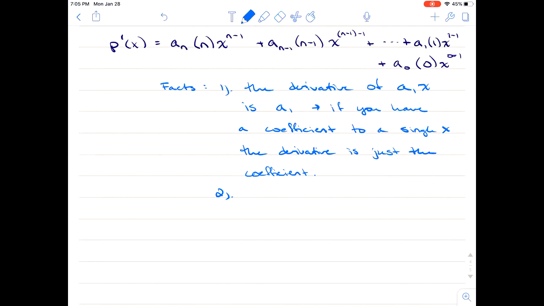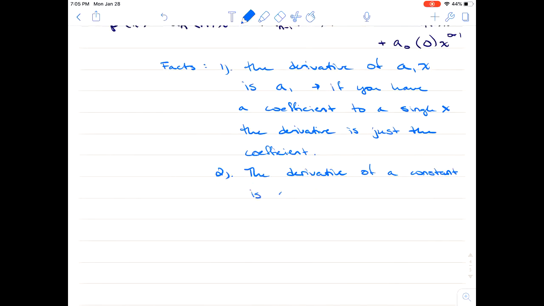And the derivative is telling you the rate of change at each value. There's no change for a constant. And so the derivative of a constant is 0.